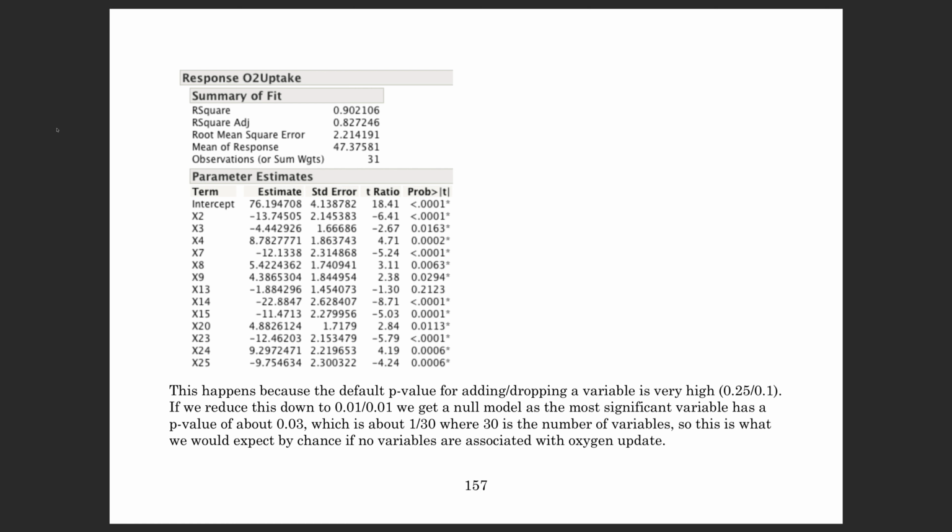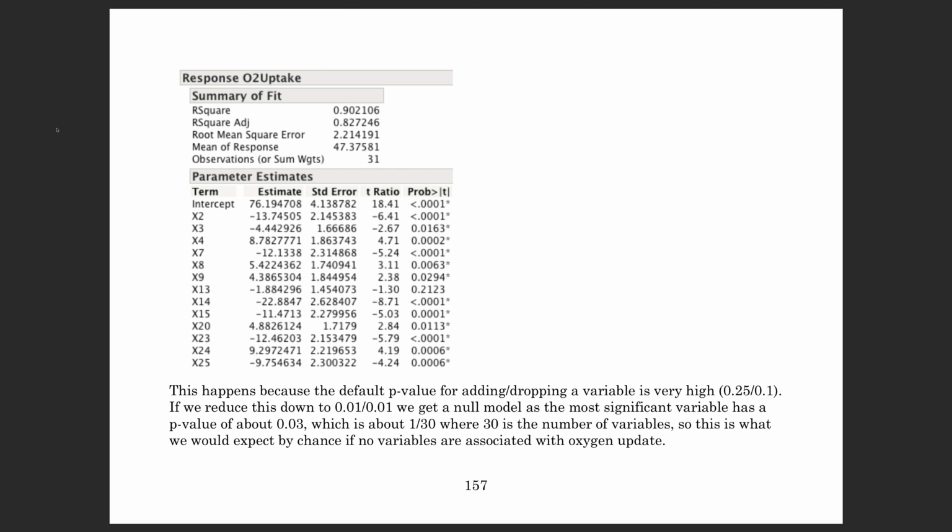In fact, if we set the p-values down to 1%, then we would get the null model, because the most significant variable on its own only has a p-value of about 3%, which is about what we would expect, right? We have 30 variables, so the smallest of 30 values randomly between 0 and 1 we would expect to be about 1/30. So if there was no association, we would expect to have one variable significant at 3%.